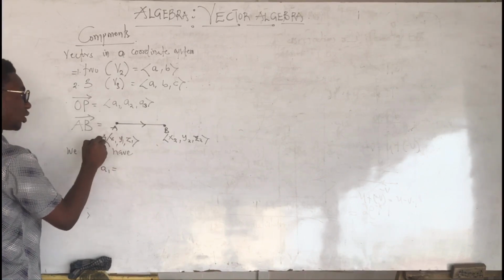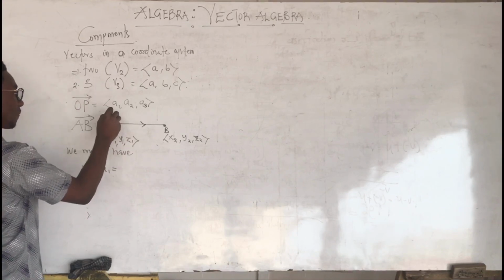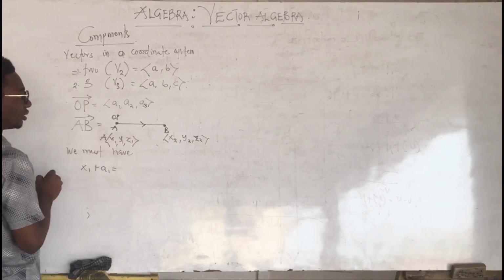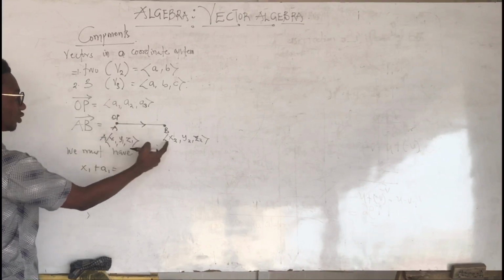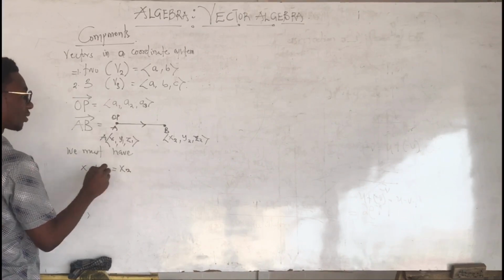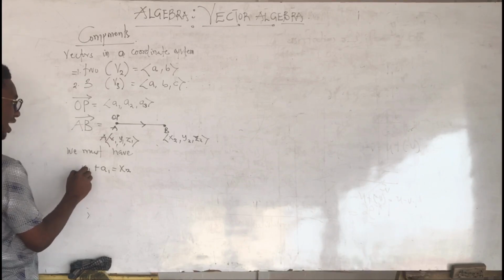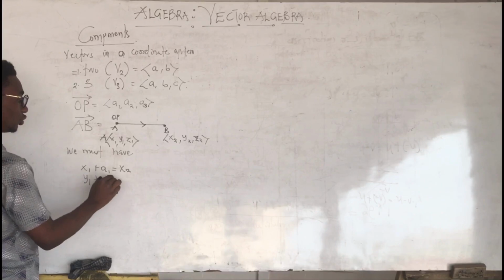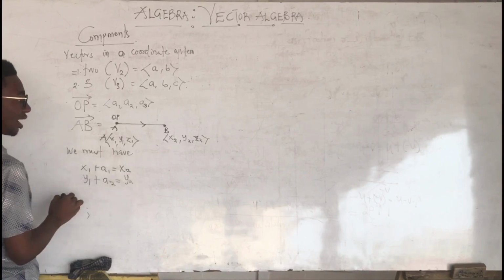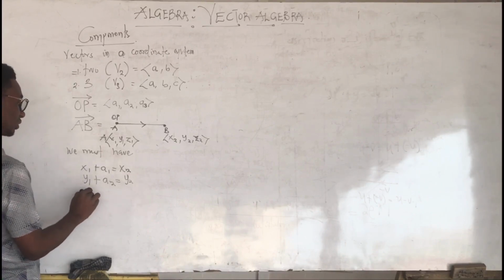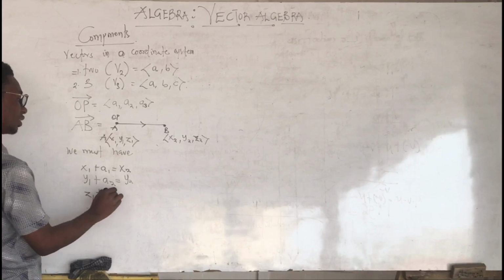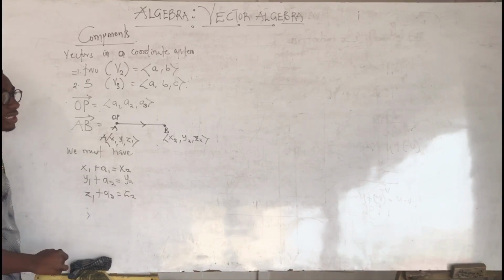We consider this same point as our position vector P. So x1 plus a1 should be equal to our terminal vector x2. And you can also say that y1 plus a2 should be equal to our terminal vector y2, and z1 plus a3 should be equal to our terminal vector z2.